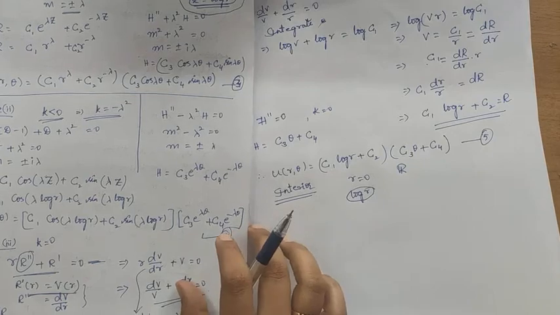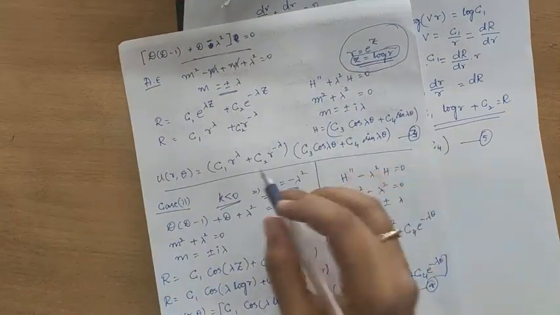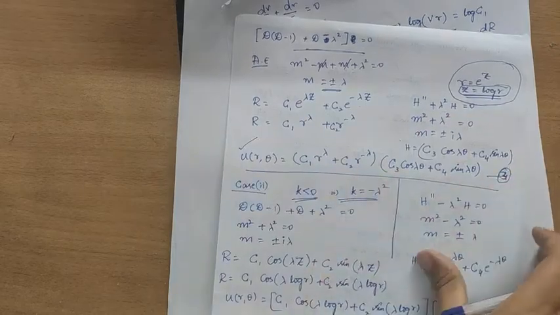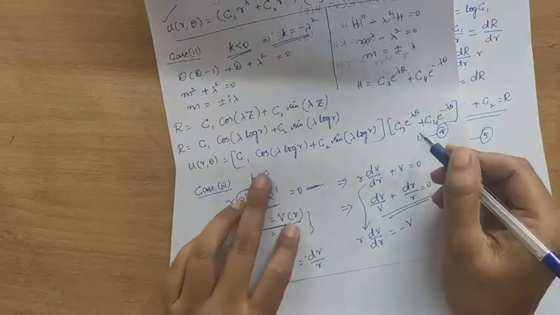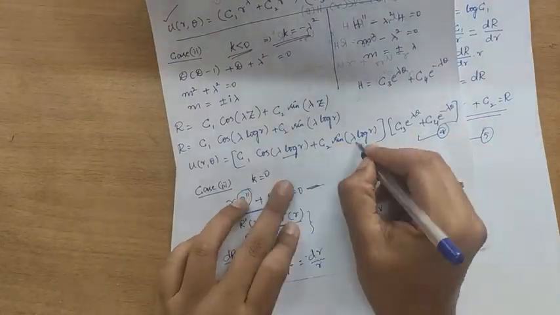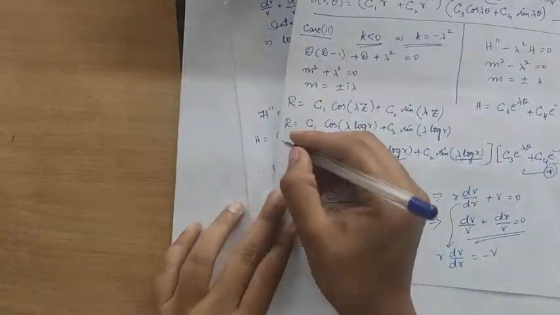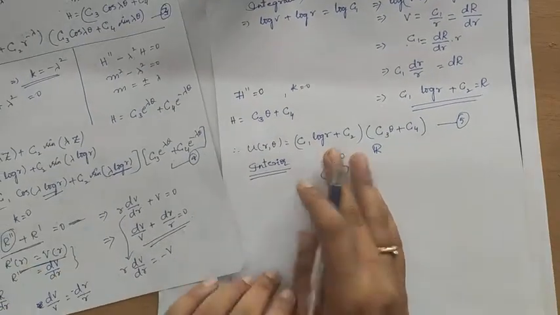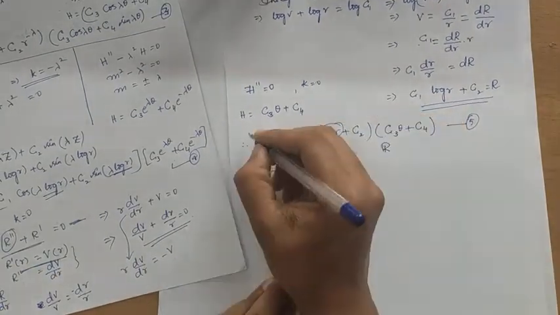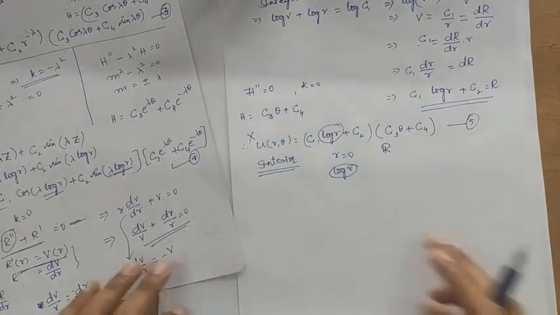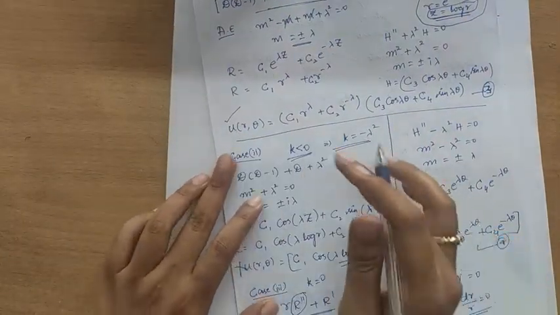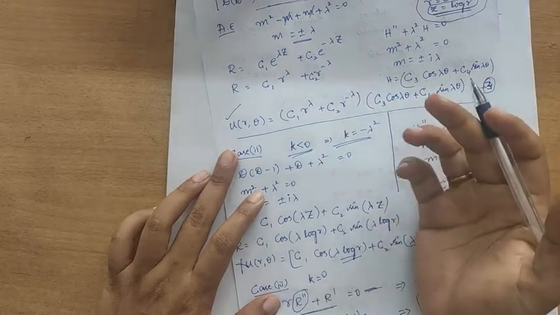In equation 3 there is no log r, so retain this solution as it is. In equation 4 there is log r, so we neglect this solution. And in equation 5 we have log r, so we neglect this solution too. That means we should use the solution in equation number 3 and proceed further.